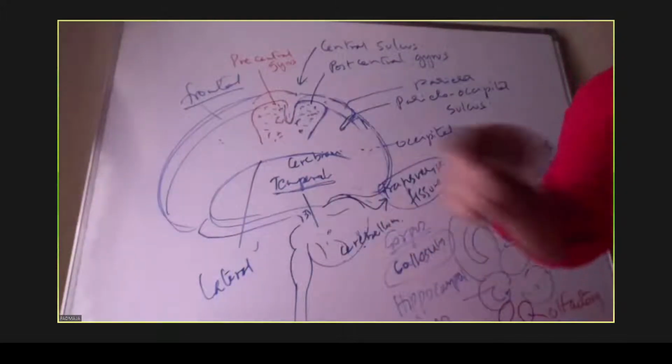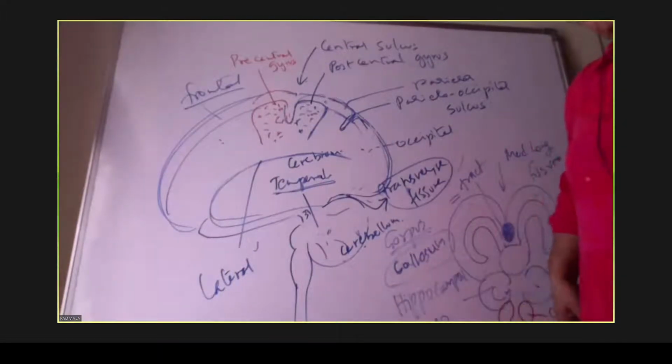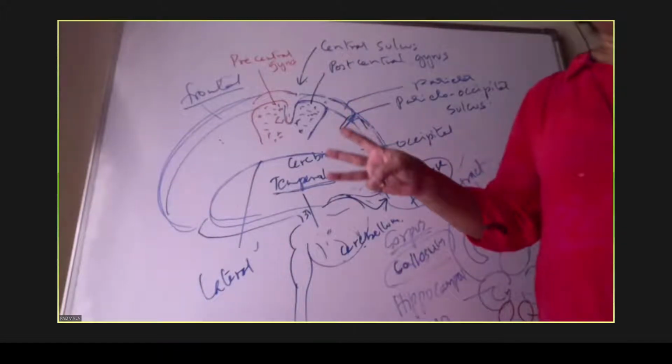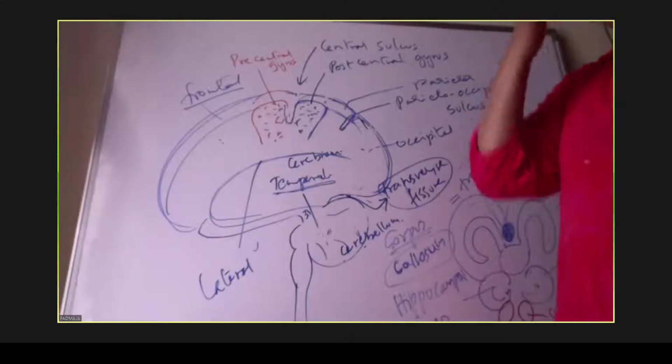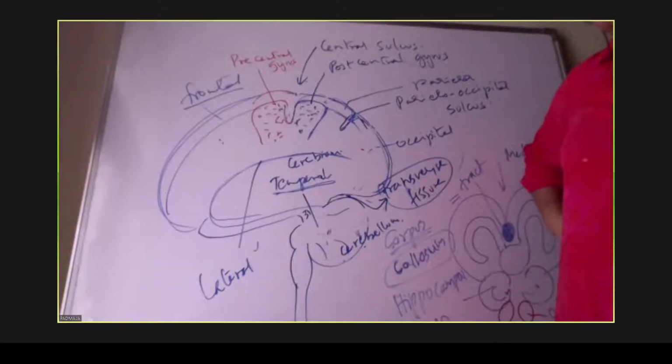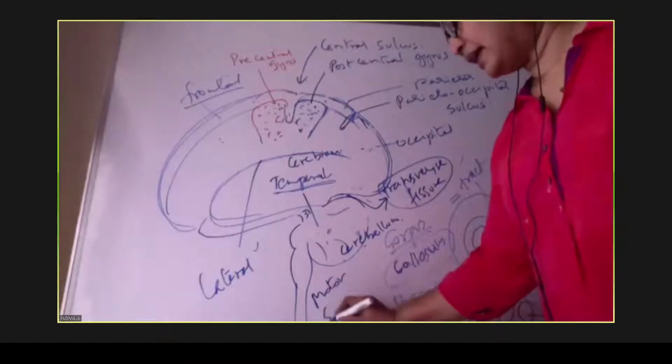Now continue with an important point. The cortex contains three areas. A separate point: the cortex contains three areas: motor area, sensory area.